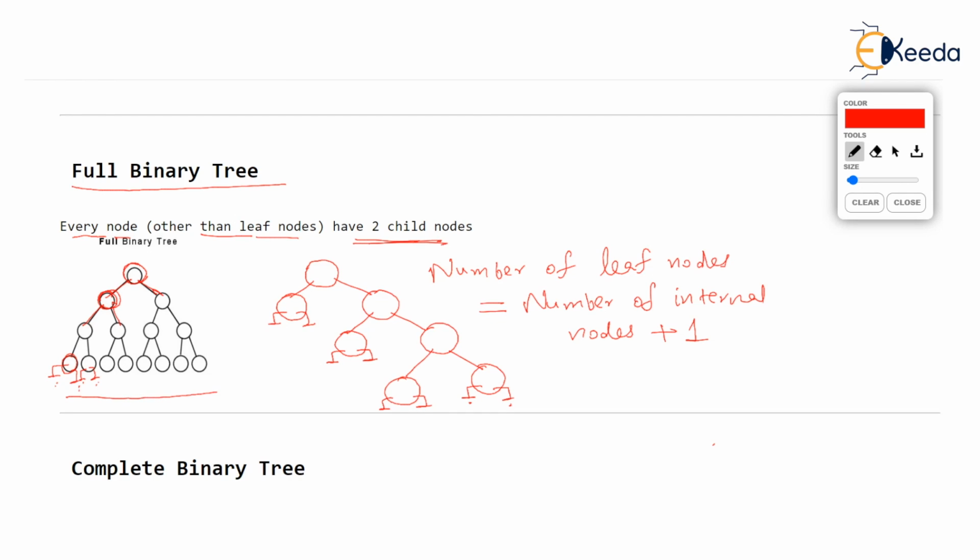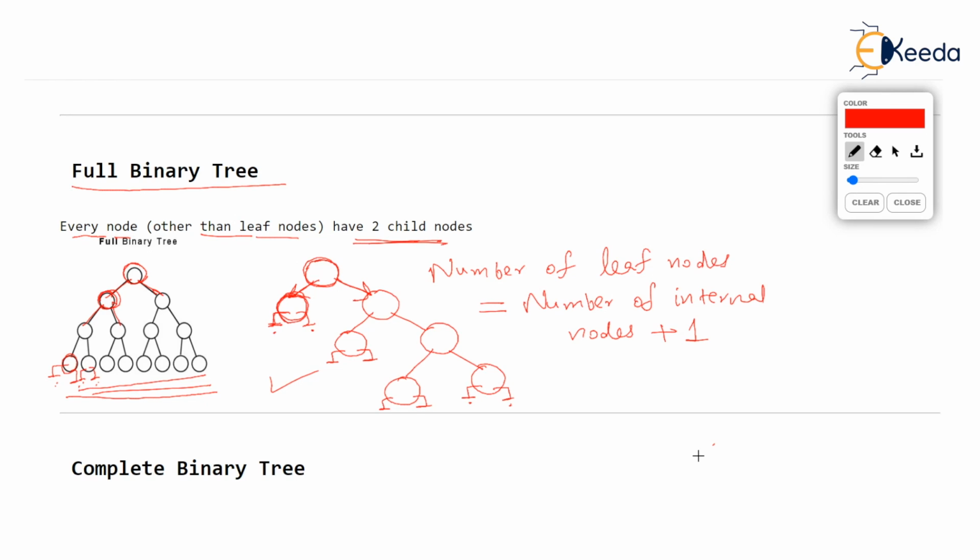Now, initially, all beginners have an impression that the full binary tree will be the one where all leaf nodes will be at the same level. That can strike anybody's mind. But it's not necessary that all leaf nodes will be at the same level in a full binary tree. Now consider this tree on the right side here. I have a node and this node has two children. So perfect, a node must have two children. But the node which I am encircling now is a leaf, which is perfectly valid. It has zero children.